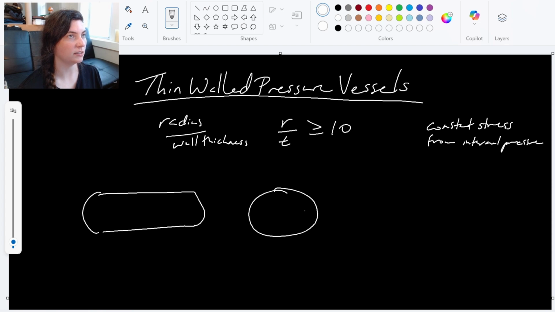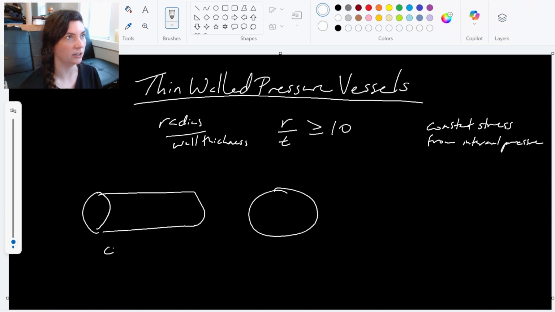Here we've got a cylindrical one, and pipes may also be considered a thin-walled pressure vessel. Lots and lots of applications for this. We have two cases that we'll look at: both the cylindrical case and the spherical case.